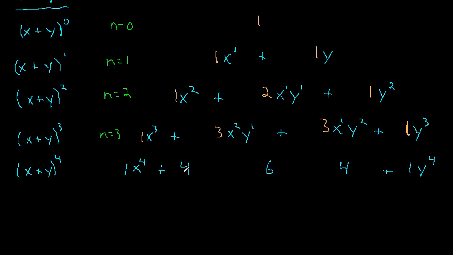Okay, well, what about the variables themselves? What are they doing? Well, let's go back to the previous line. Let's look at x cubed, then we have an x squared, then we have an x to the first, and there's really an x to the 0 right here. So it makes sense that this row might go x to the 4th, x cubed, x squared, x to the first, and there's really an x to the 0 right here.